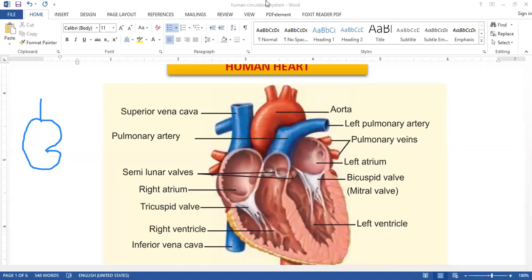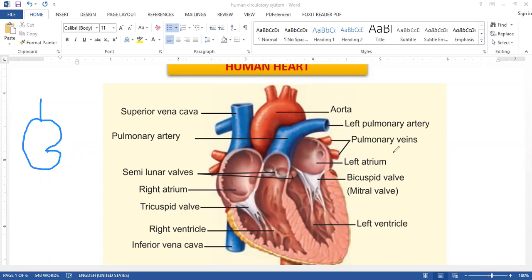Okay, fine. Now let's talk about the human heart in this grade 9 chapter. What is needed actually? The parts of the human heart and their functions. What are the parts present in the human heart?